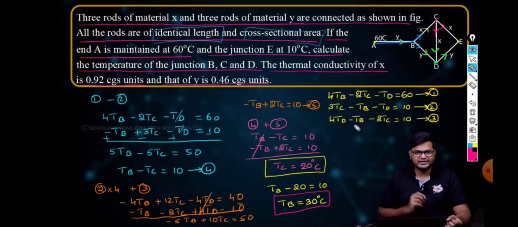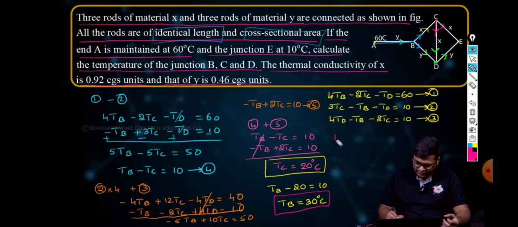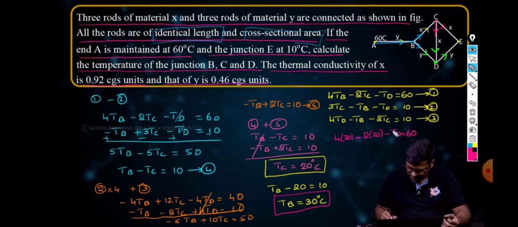So once I got TB and TC, I can substitute in any one of the 3 equations, 1, 2, 3, and I can get the temperature at D junction. Say I'll take first equation. So 4 times of TB minus 2 times of TC minus TD is equal to 60. Okay.